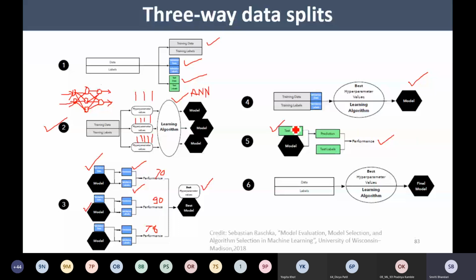So in fact, I am done with the performance assessment. I am done with all the experiments. I have selected the best hyperparameter values, and once again I found out the generalized performance of my model.